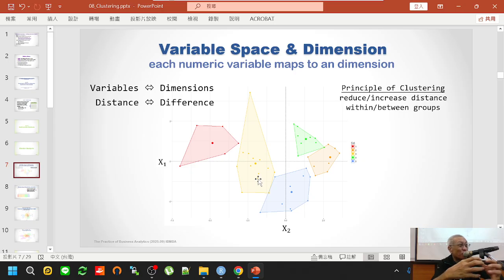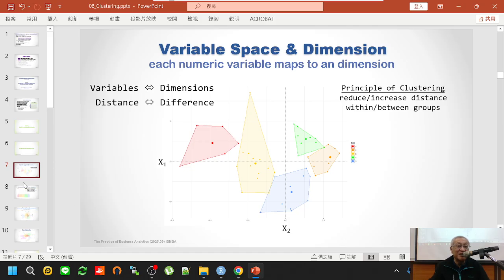The more groups that I divide, the closer the subjects will be to each other, which means that they are more similar, right? Because the distance actually represents the difference. So if they stay closer and closer together to their group center, it means that they are more and more similar, right? So there's a trade-off.